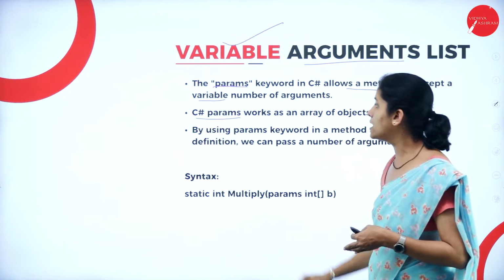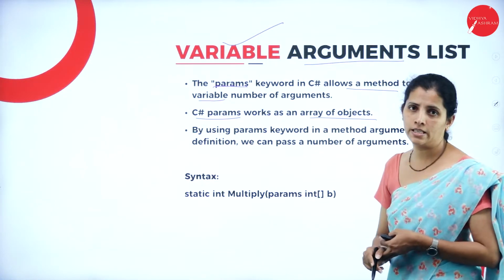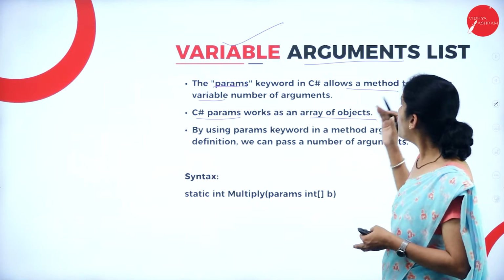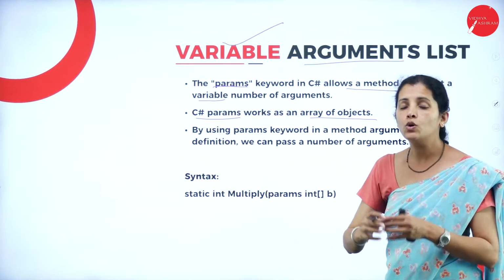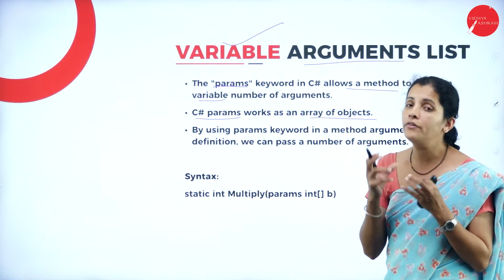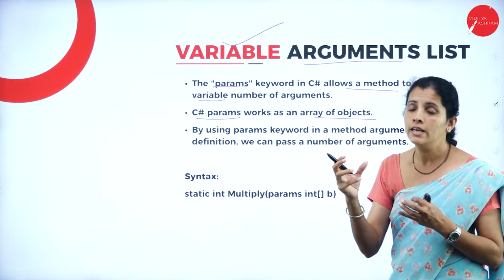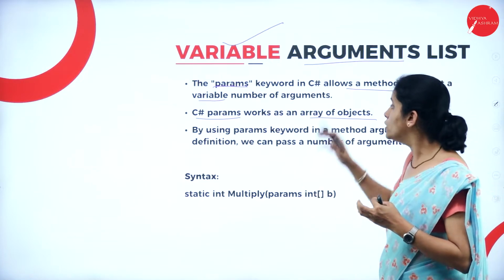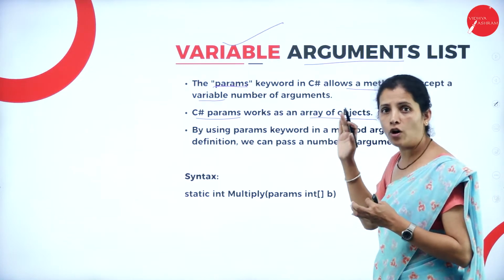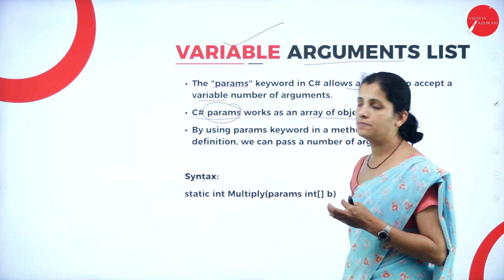C# params works as an array of objects. So what is a list here? It's nothing but a collection of elements. When it is a collection of elements, then it is a collection of objects. In the sense, it's nothing but an array of objects. To create an array of objects, what I am going to use is params.